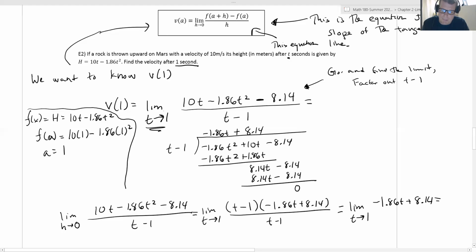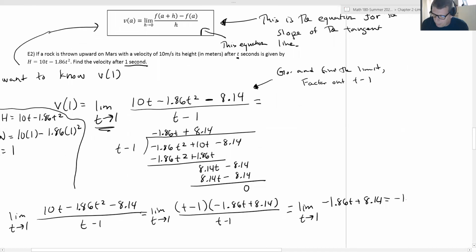But this is the limit as t approaches 1 of 10t minus 1.86 t squared minus 8.14, over t minus 1. Everything is exactly the same. This is now equal to, we can now substitute, negative 1.86 times 1 plus 8.14. So that's 8.14 minus 1.86, and that's 6.28.